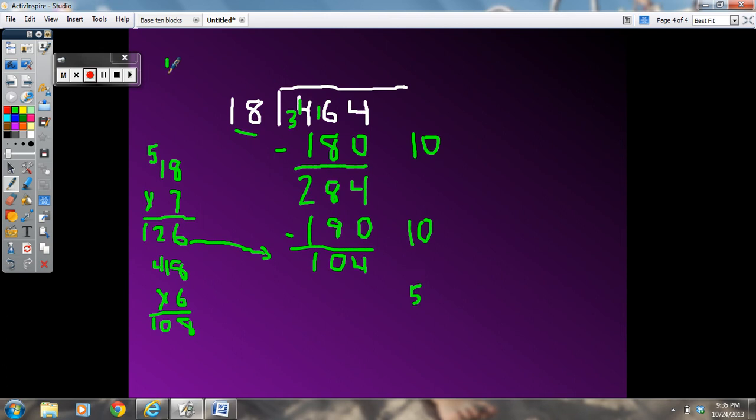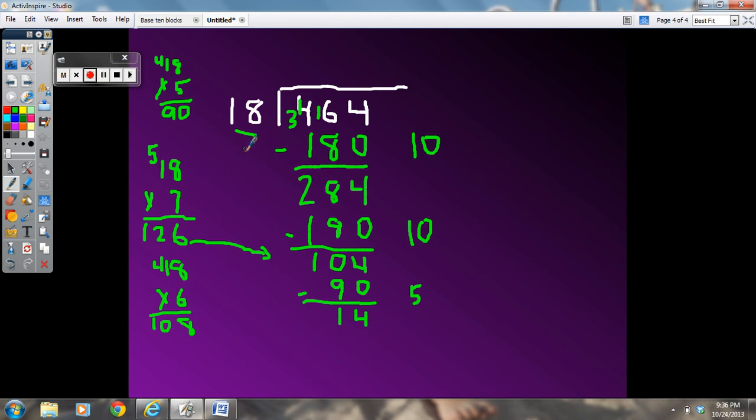Now I just need to figure out what 5 groups of 18 would equal, and I multiply 18 times 5, and I would get my answer of 90. So if I made 5 groups of 18, that means I would have used 90 of those ones blocks. And now at this point, I'm left with 14 ones blocks.